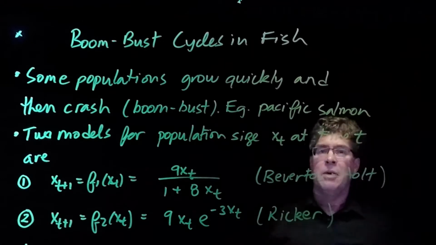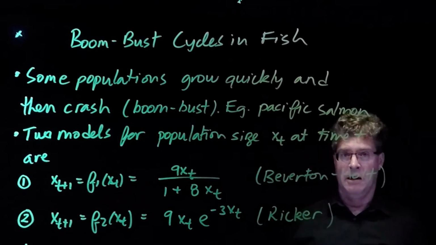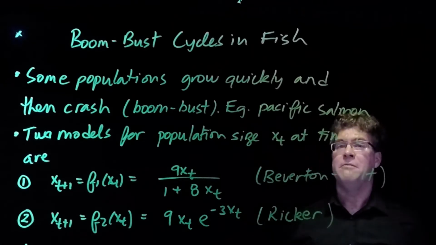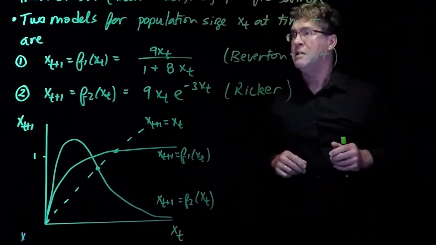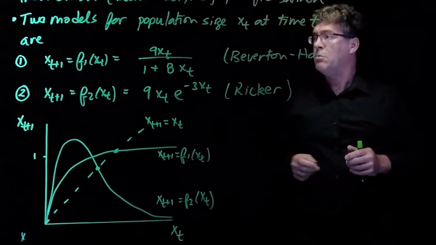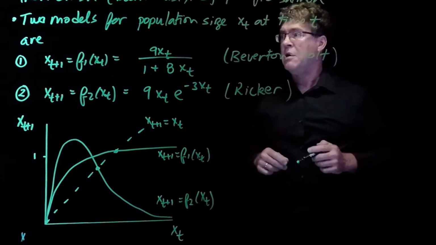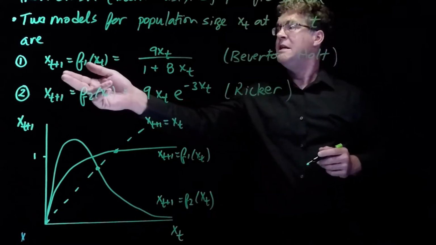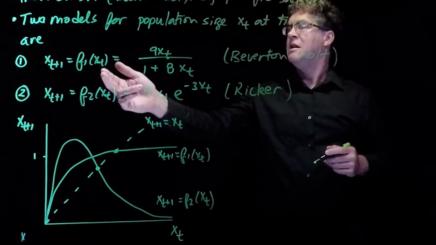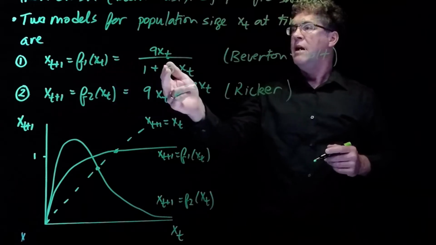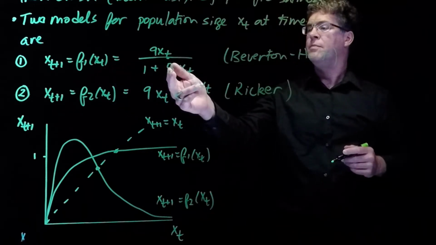So there are a couple of different models I want to look at today, and they're all put together by fisheries biologists. The first is called the Beverton-Holt model, and it models the population size at time t plus 1 as a function of the population size at time t, and this is a function right here.